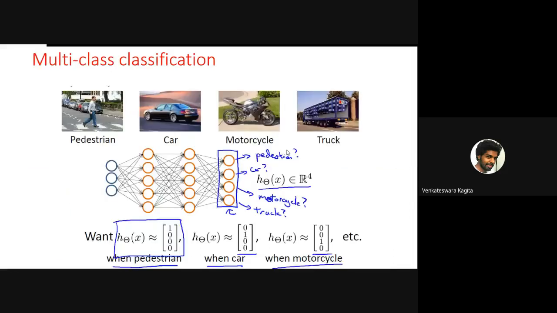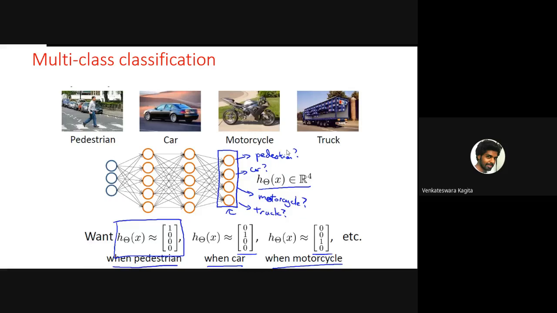What if you have multiple classes? For example, if you want to determine whether the image given is a pedestrian, car, motorcycle, or truck. There are four classes, right? You have to classify the image as one of these four classes. So in those cases, you will have four units in the output layer.